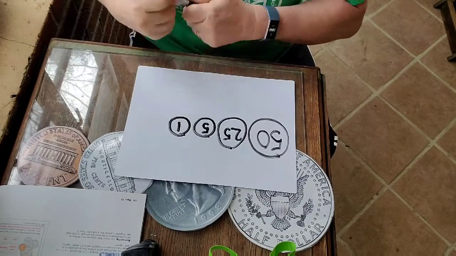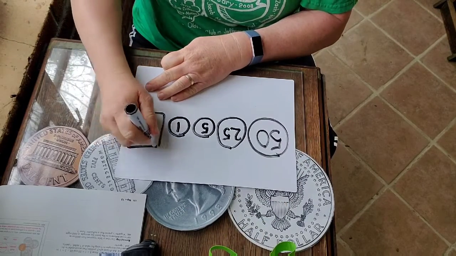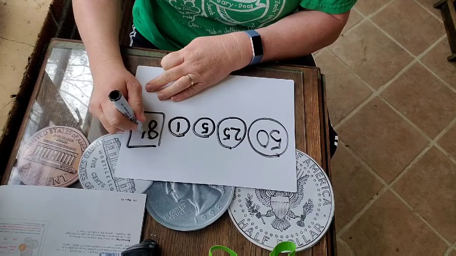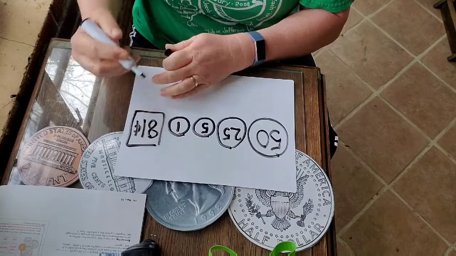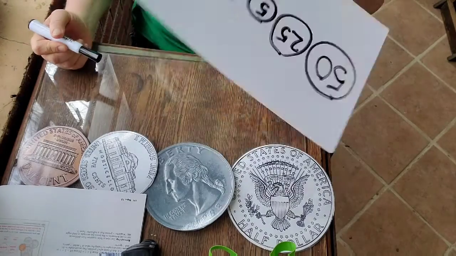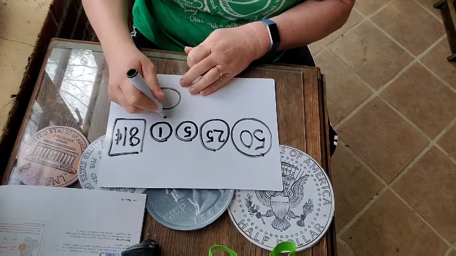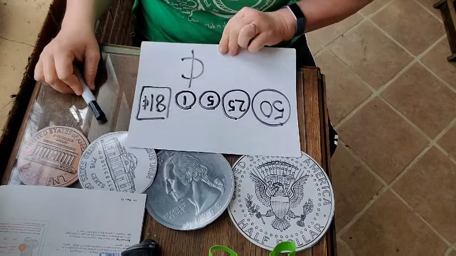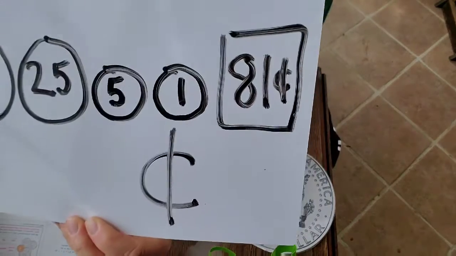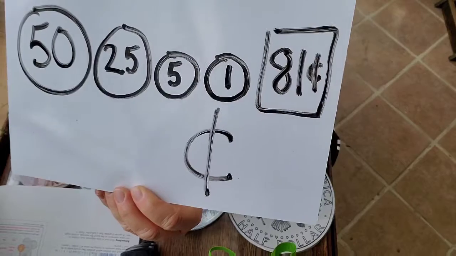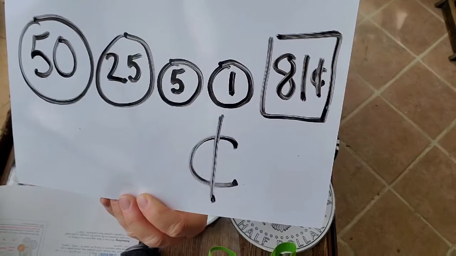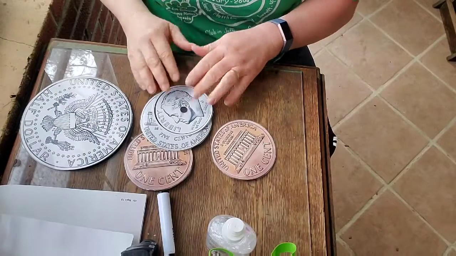The way we write our answer is you can draw an answer box and we write 81, and the money symbol is like the letter C with a line through it for cents. So there's our answer, 81 cents.